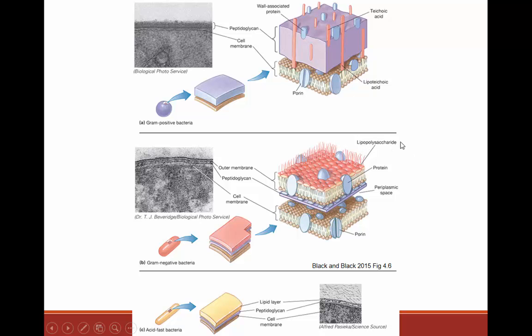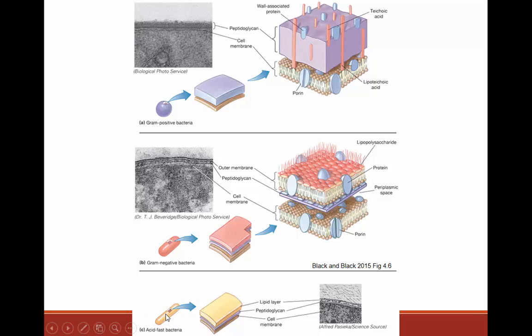Now, lipopolysaccharide, you may have heard of LPS. It's shortened to LPS, and that is one of the toxins. So if you have an infection with a gram-negative bacteria, that LPS on the outside of the cell can cause an inflammatory response and an increase in temperature. Okay, so it's a pyrogen, an increase in temperature.